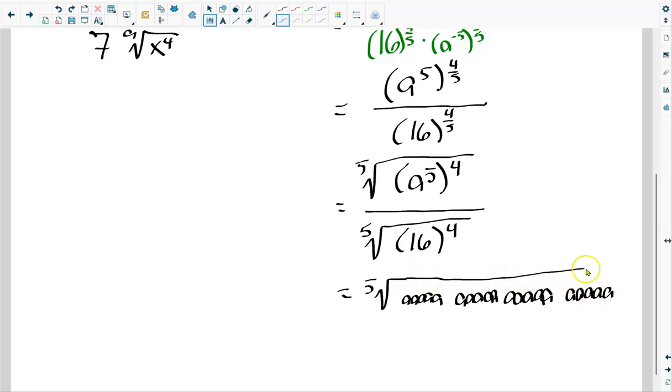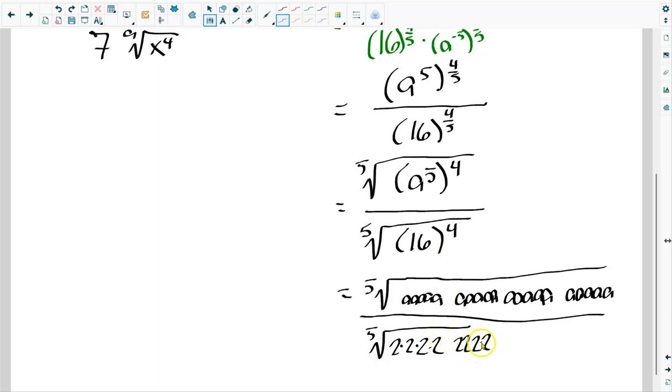And down here, I have the 5th root of, what are the factors? 2 times 2 is 4, times 2 is 8, times 2 is 16. 4 times, 1, 2, 3, and 4.